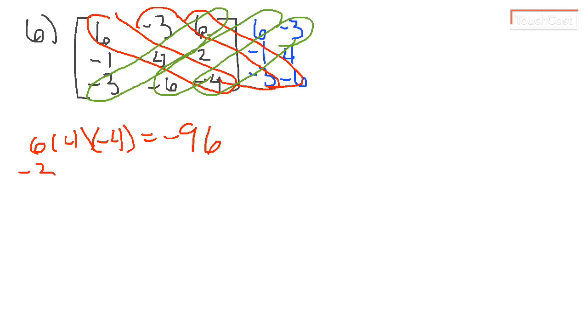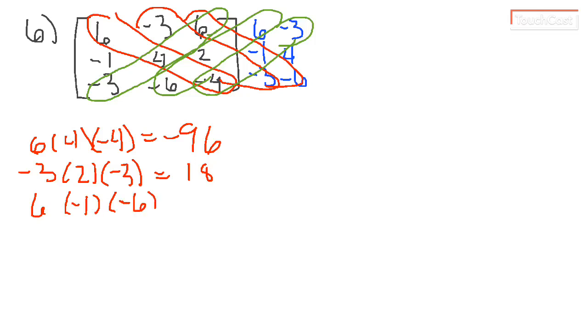We have -3 times 2 times -3, which is going to give us 18. And then 6 times -1 times -6, which is going to give us 36. So if we add all of that, we'll get -42.